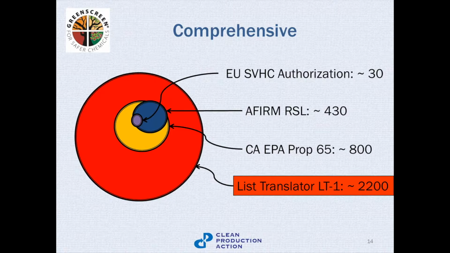It's a very systematic look and has that consistent criteria for evaluating chemicals and placing them on a list. So the LT1 chemicals actually capture a really wide array that typically encompasses a lot of these other lists.